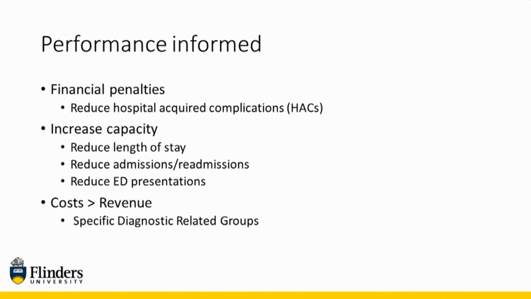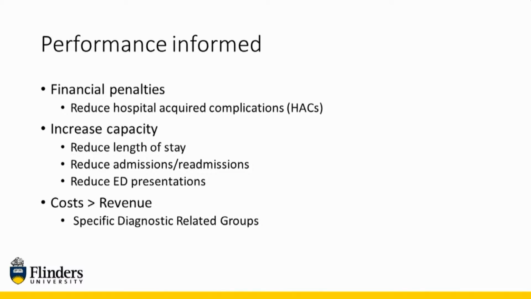Currently, there are penalties incurred around hospital-acquired complications, but in the future that may broaden out to include readmissions and other events. We may just be interested in how we can increase capacity, whether that's through reducing length of stay, reducing admissions or readmissions, or reducing ED presentations. All could contribute to increasing capacity of the health service.